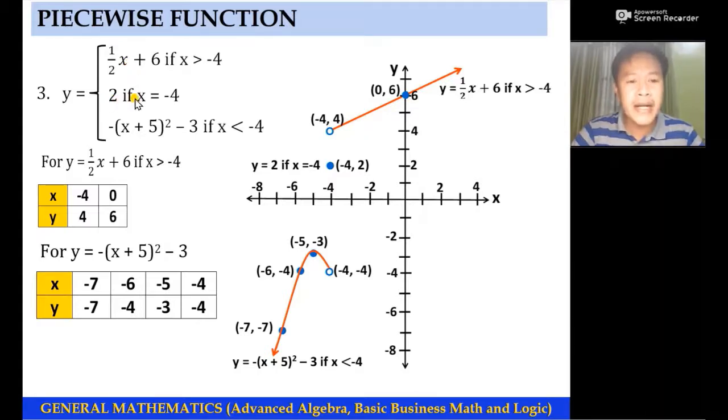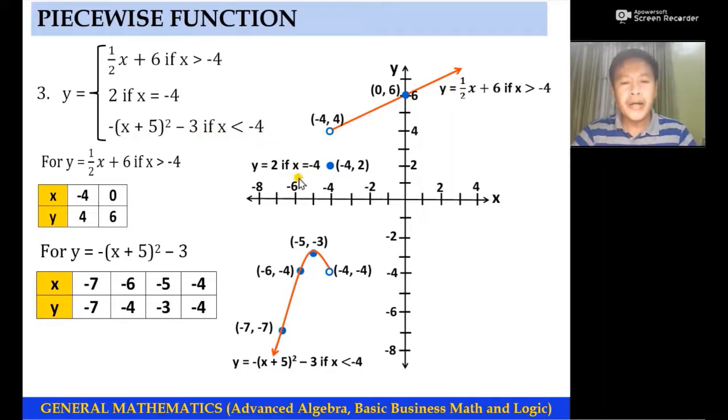It looks like a constant function, but the value of x is just 1, and that is negative 4. Therefore, this is just a point function. And the third subfunction of this piecewise function is y is equal to negative quantity x plus 5 quantity squared minus 3 if x is less than negative 4.